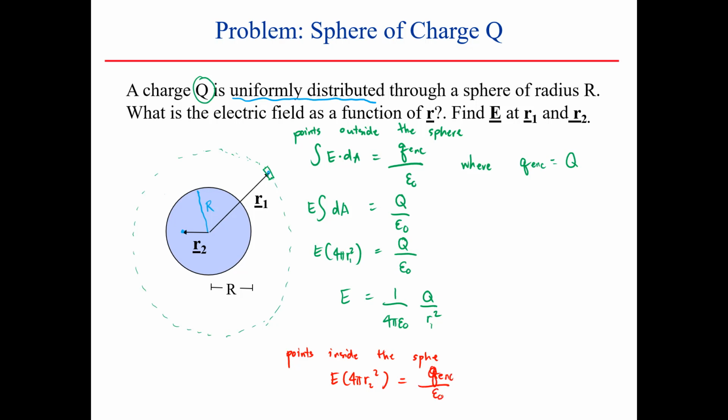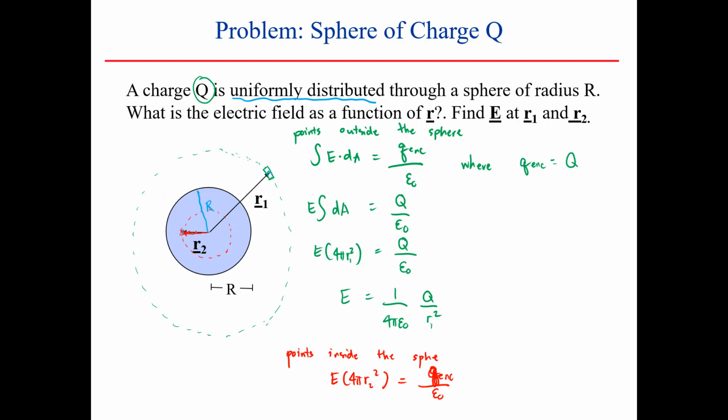Now, here comes the challenge, class. Take note that your Gaussian surface should be inside. The radius of your Gaussian surface is the same length as the distance from the center towards point R2.